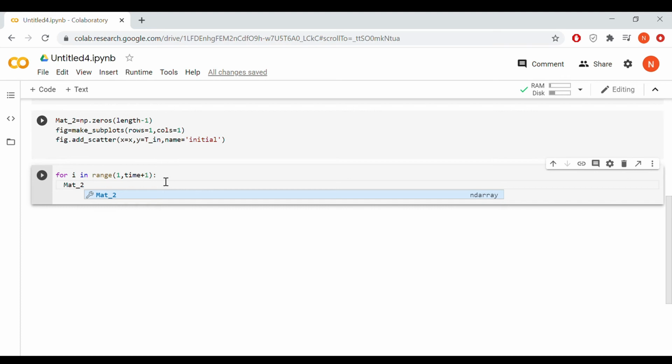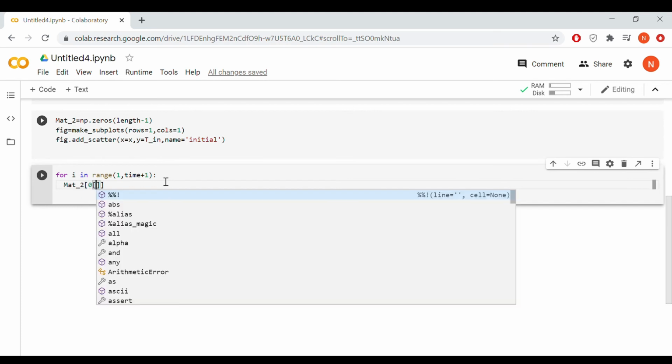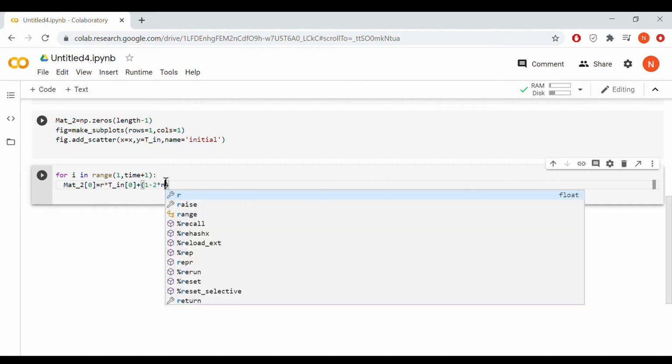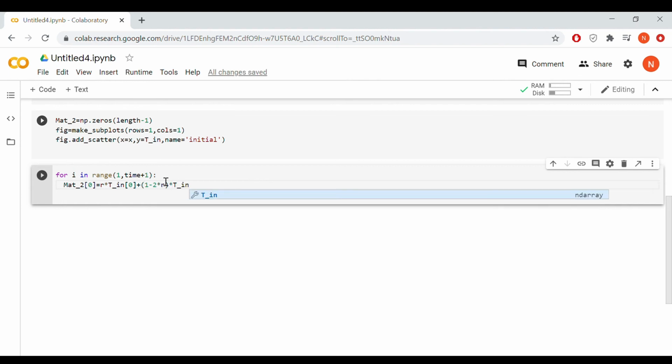For matrix_2, for 0, the first slot, we want to set that equal to r times t_n at 0 plus 1 minus 2 times r times t_n, first position, well, I guess second position, plus r times t_n in the second position.